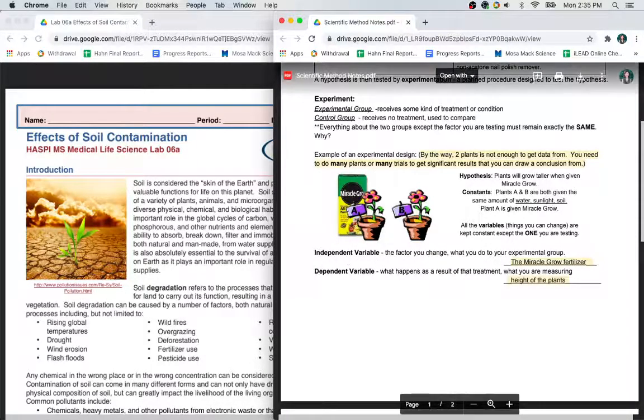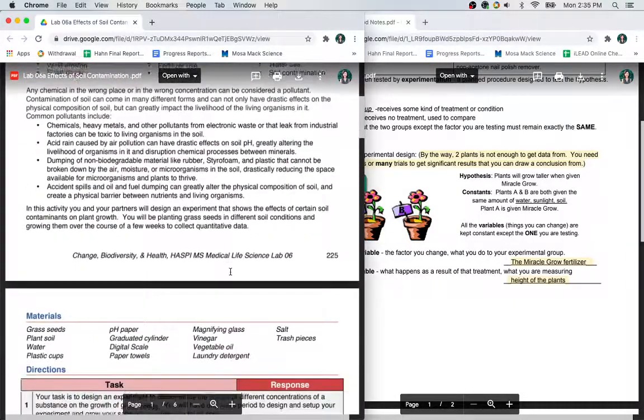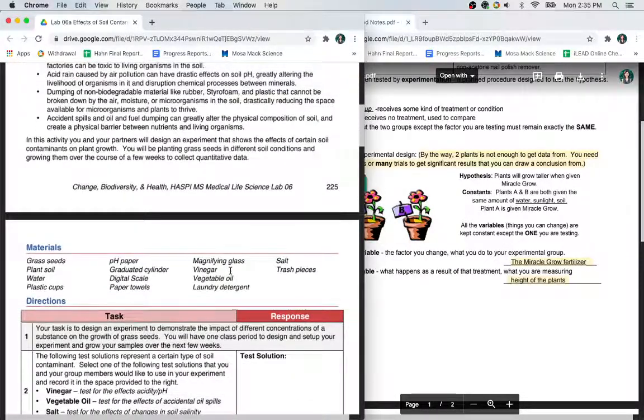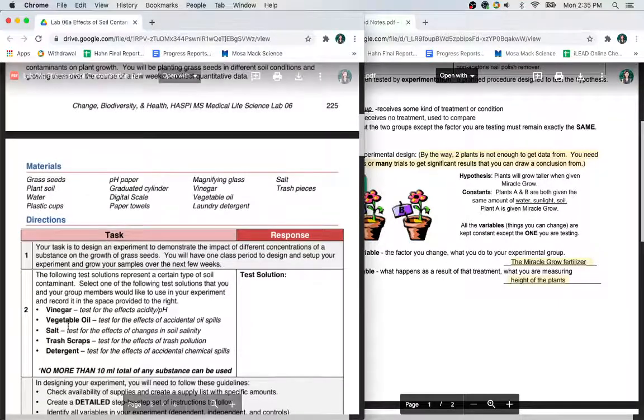So the independent variable is, what do you do to the experimental group? What are you changing? And for this experiment, we are adding the Miracle-Gro fertilizer. For your experiment, your independent variable might be the vinegar or the vegetable oil, the salt or the trash or the detergent. Those are all independent variables, and you're just going to pick one.